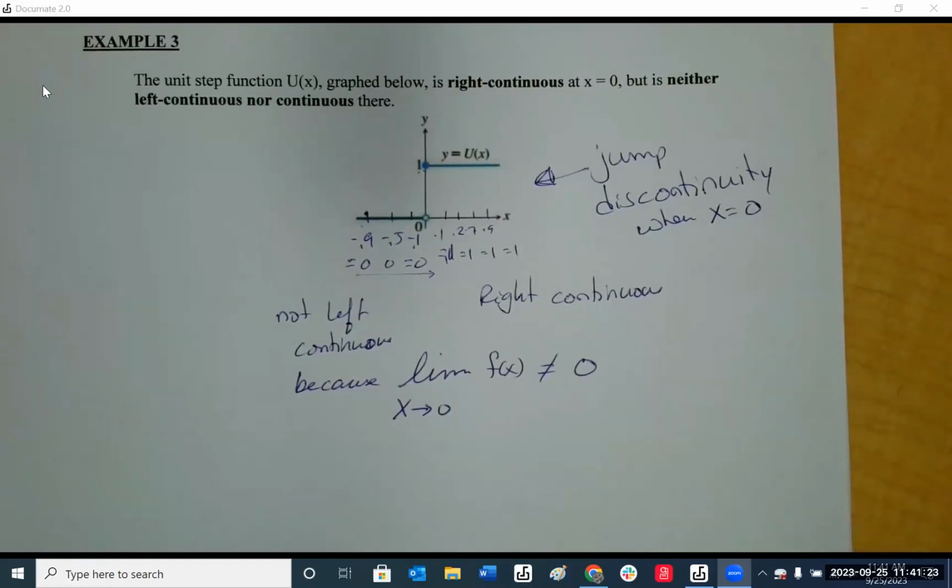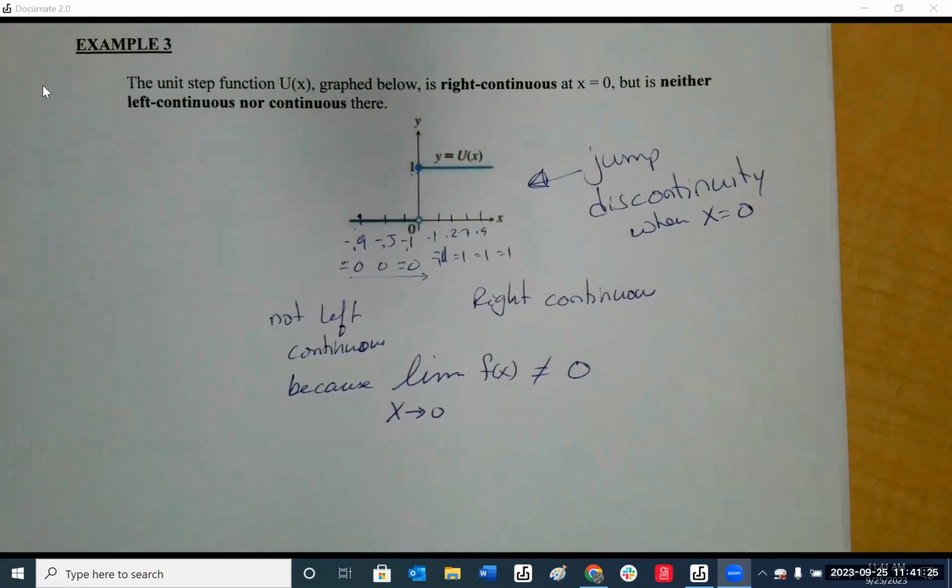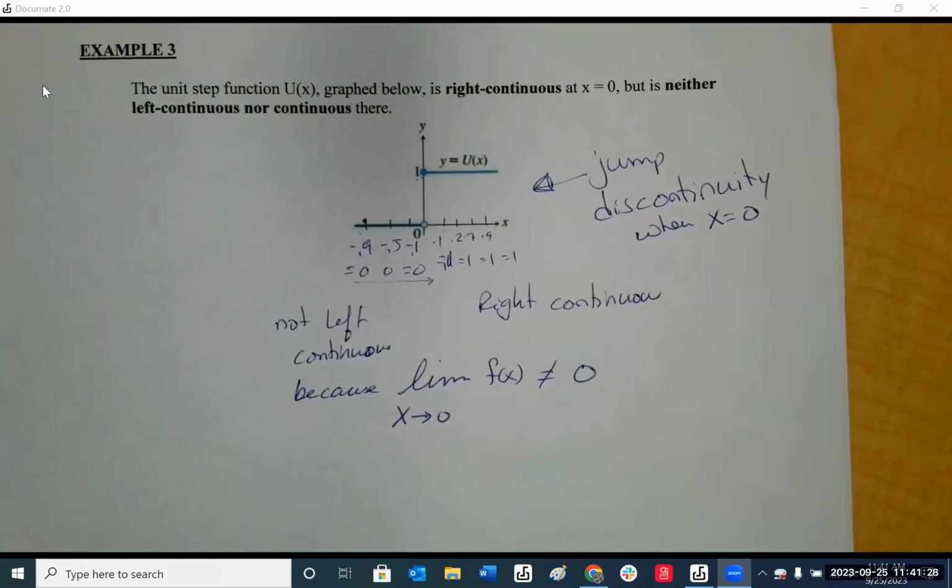Now we can define continuity. We've been talking about it. Let's define it.